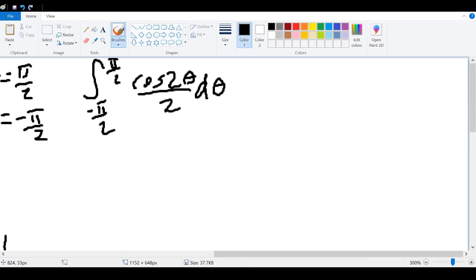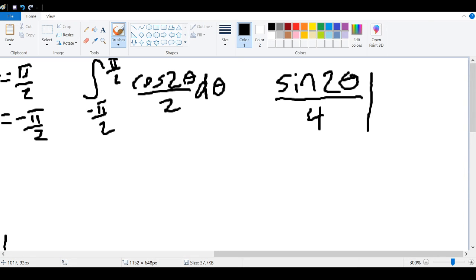Now the antiderivative of cosine is sine, so let's write that down. And the antiderivative of cosine 2 theta would be sine 2 theta. And then with the reverse chain rule, we would divide by 2, and since we already have a 2 in the denominator, that becomes a 4. Now let's plug in our bounds, pi over 2 and negative pi over 2.